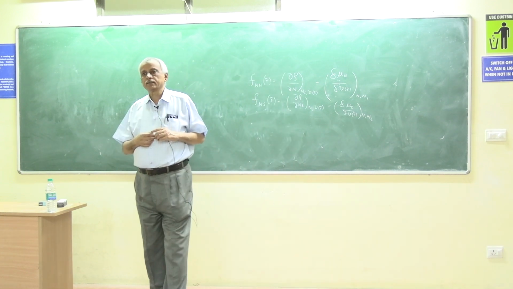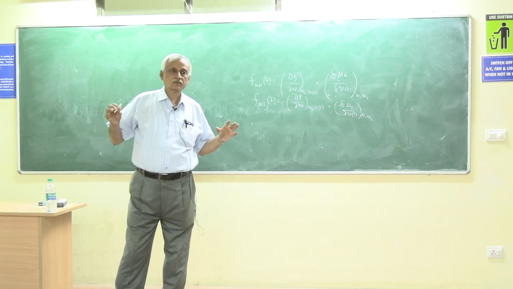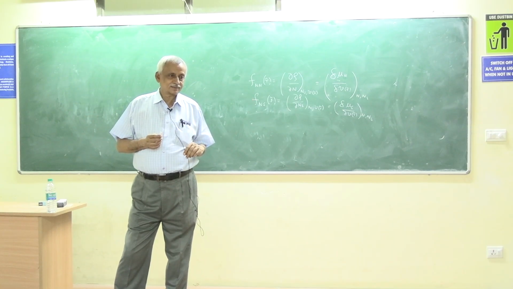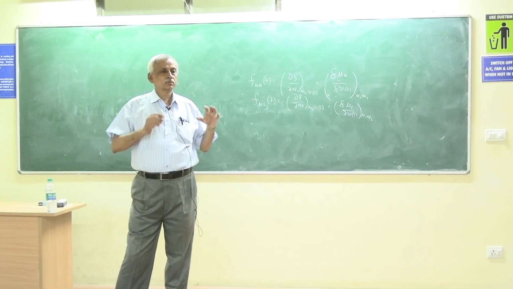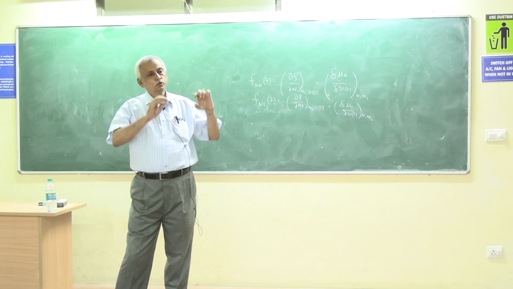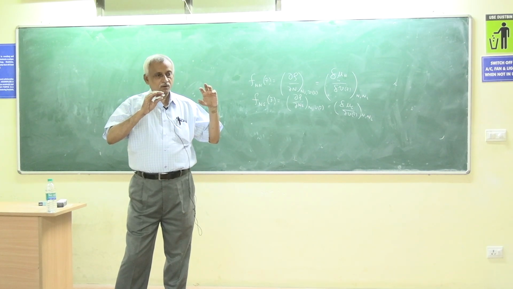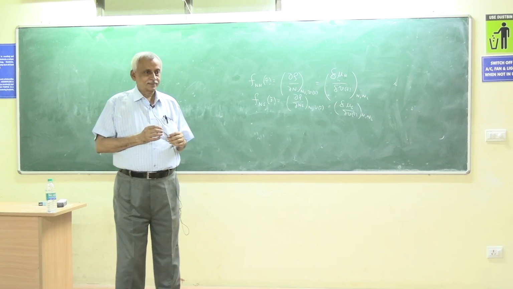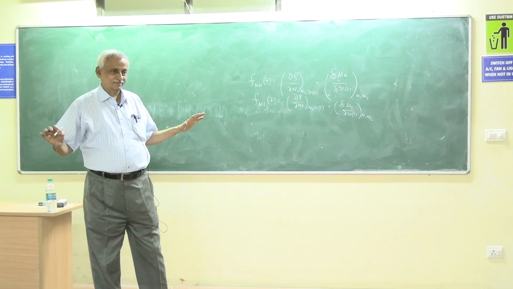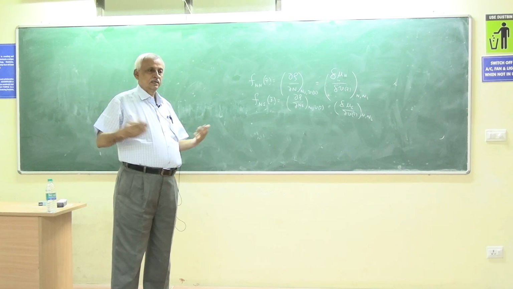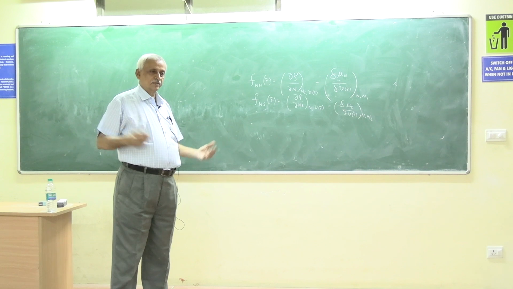Now, you can see the local softness and philicity. I must tell you, if I take the Fukui function or density, they are normalized, like rho(r) is normalized to N, Fukui function is normalized to 1.